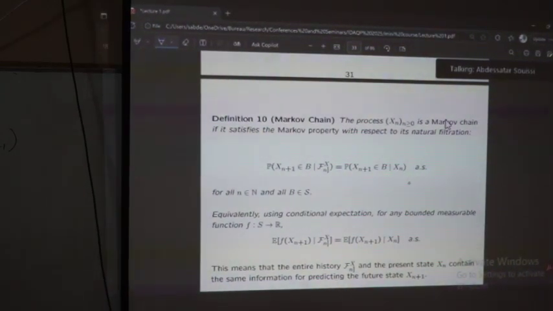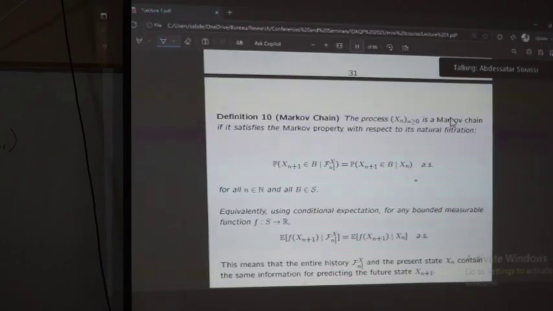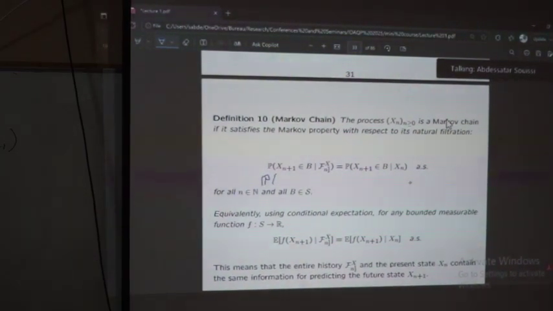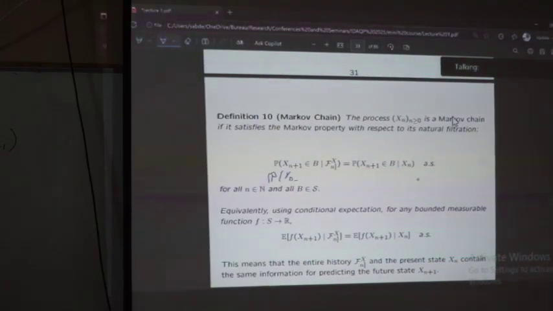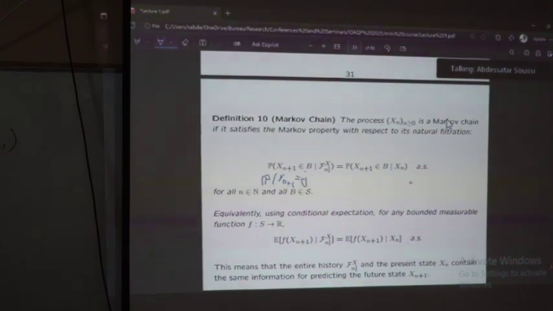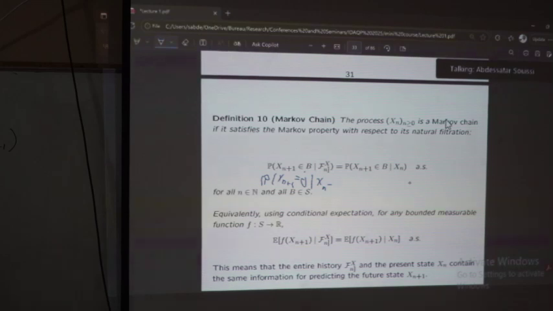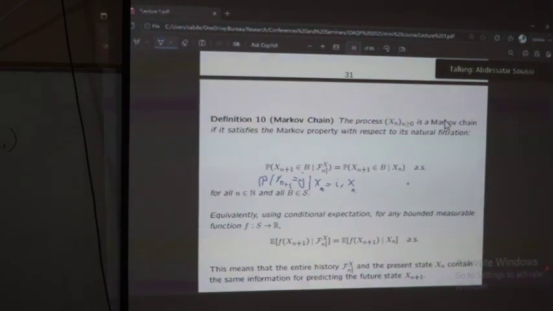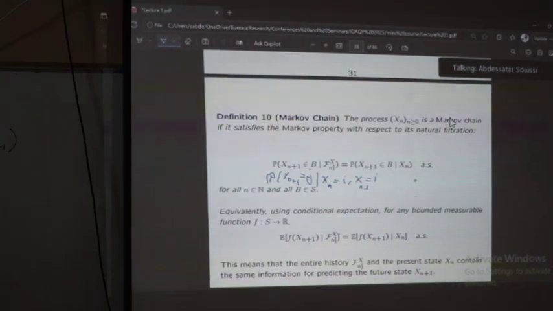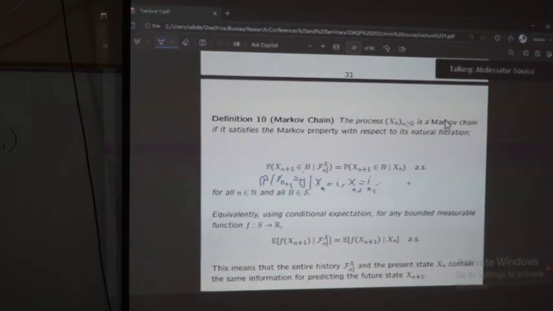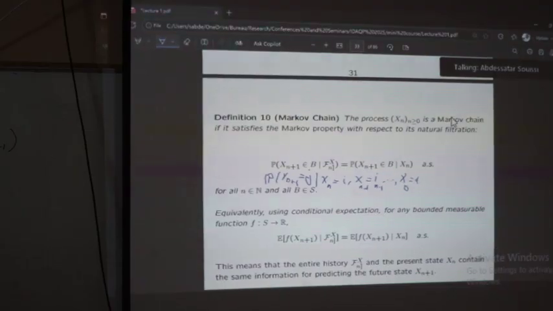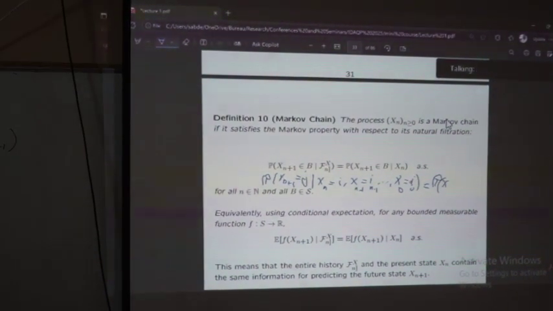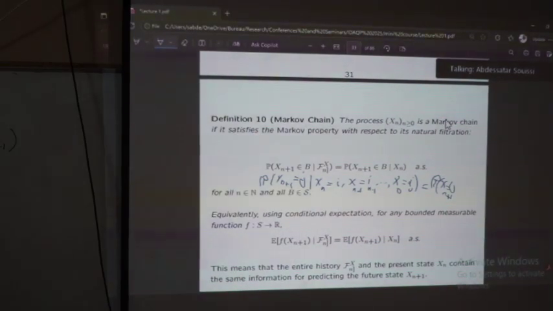In the discrete case, it's also convenient to say that the probability that Xn plus 1 equals j given Xn equals i, Xn minus 1 equals i(n-1), down to X0 equals i0, is the same as the probability of Xn plus 1 equals j given Xn.